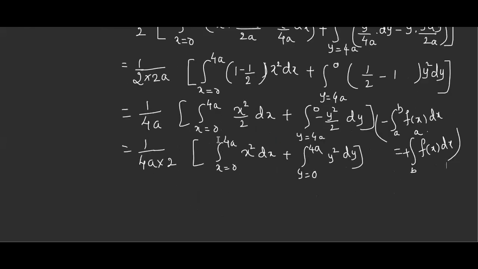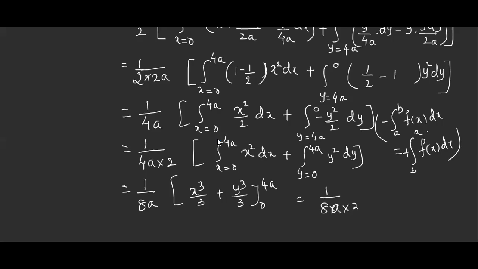Tell me the answer. It is not difficult now. x cube by 3 plus y cube by 3, because the limits are the same. So I'm writing at once. This is like 1 upon 8a into 3. I'm taking 1 by 3 out. Upper limit is 4 cube a cube plus 4 cube a cube. Hope you followed it, because the lower limit becomes 0. 4 cube is 64.